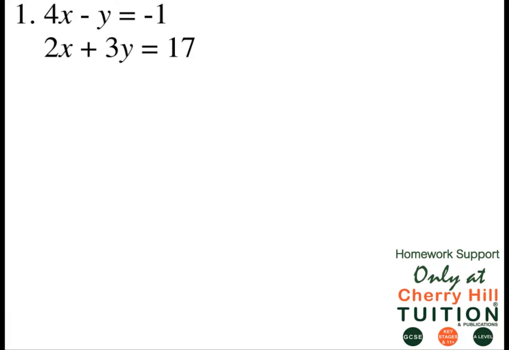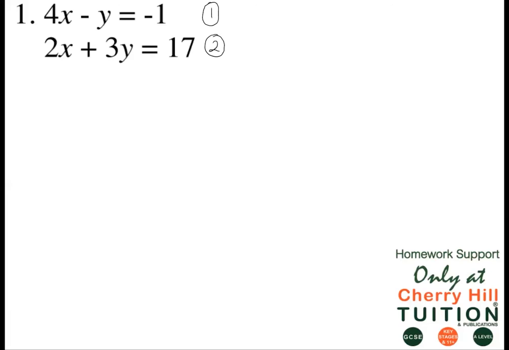So question 1, we have 4x minus y is equal to 1 and 2x plus 3y is equal to 17. Let's label the first equation as 1 and the second equation as 2.